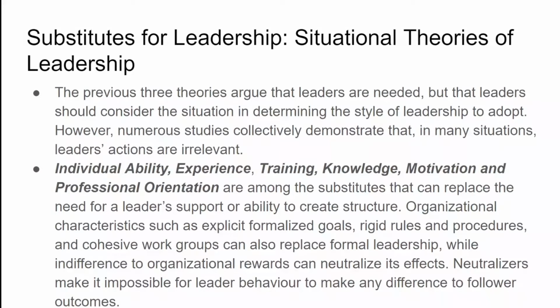So the previous three theories argue that leaders are needed, but that leaders should consider the situation in determining the style of leadership to adopt. However, numerous more recent studies have collectively demonstrated that in some situations, leaders are just not necessary. And so the question is, in what situations does that happen? Well, from the situational perspective, it really depends on the employee.